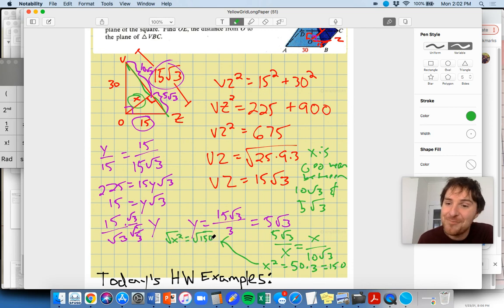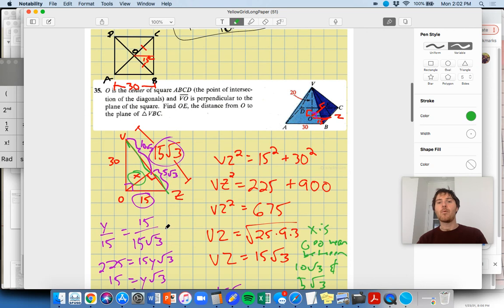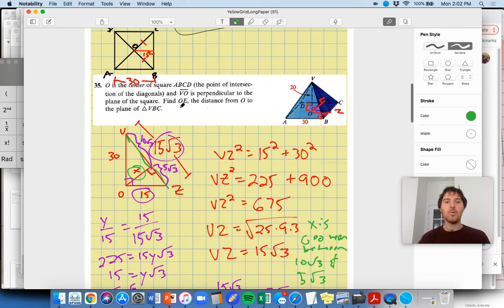We can totally simplify that one because 25 goes into 150 6 times, right? Because the square root of 25 is 5, I can factor that out and then be left with 25 times 6, which goes to 150. So I end up with 5 root 6. And I'm hoping I got that one right. I'm hoping that OE equals 5 root 6.